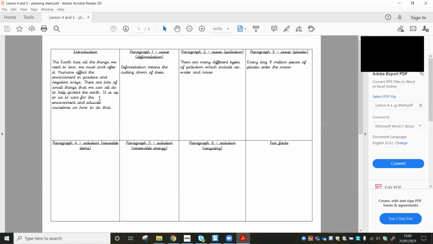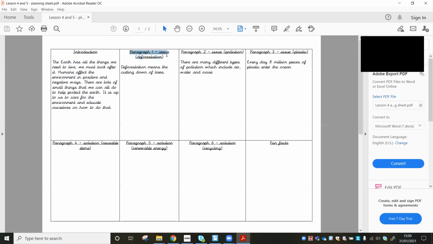And what I've done is I've sectioned it all off. So a little introduction at the beginning, and then I've got paragraph 1, 2, and 3, which are the 3 issue paragraphs. So you can see here, for my example, because obviously I will be doing it along the way with you to make sure that you see exactly what I want you to do.